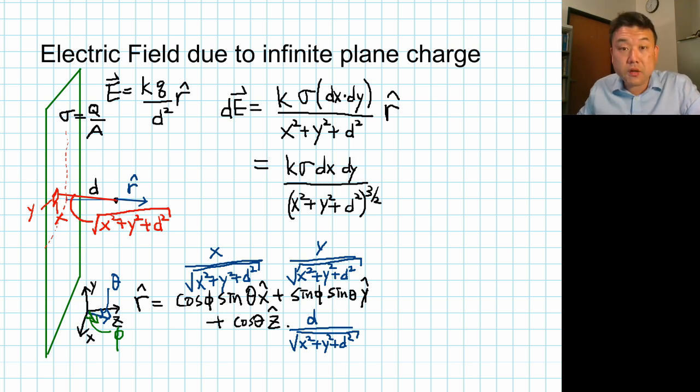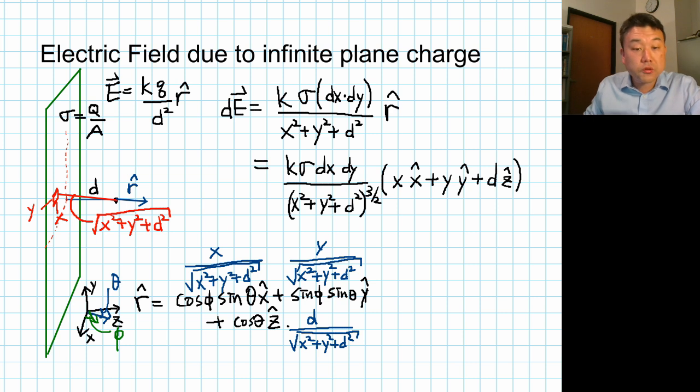All right, so the remaining part of the r hat vector is x times x hat plus y times y hat plus d times z hat.